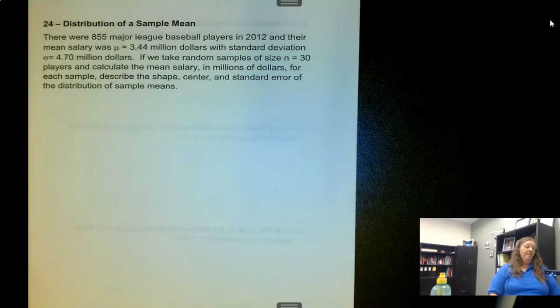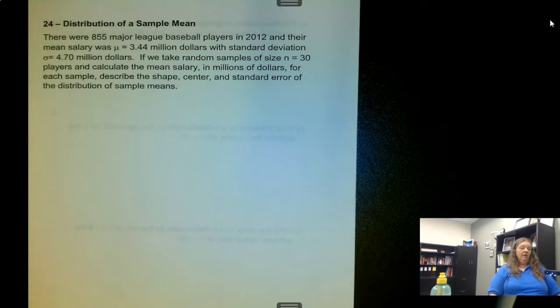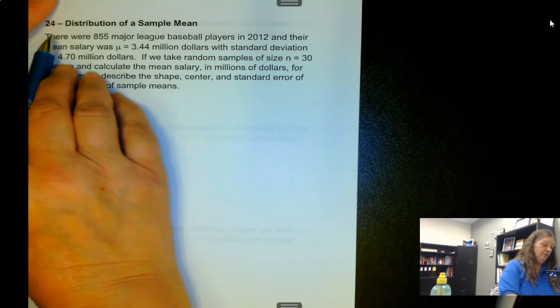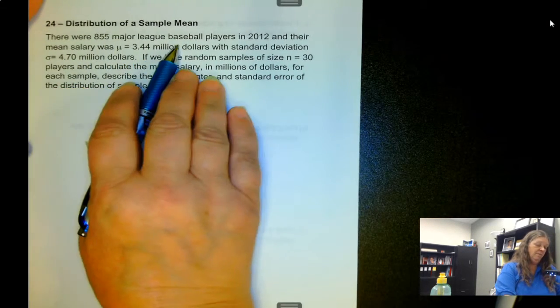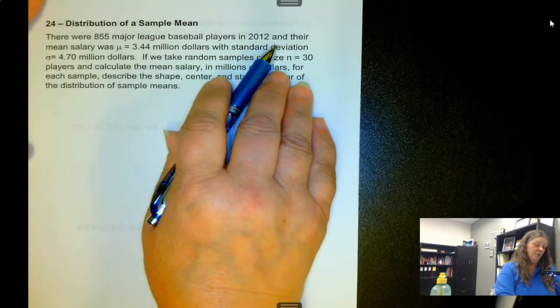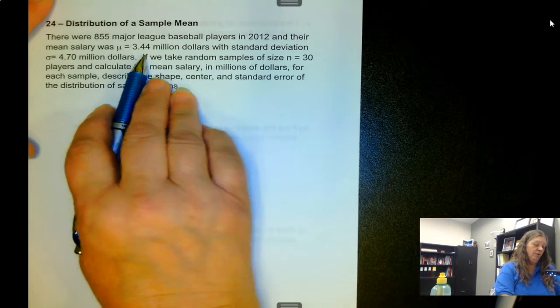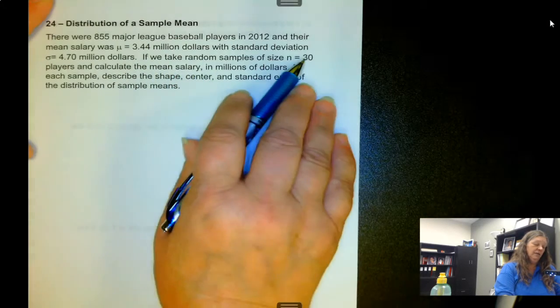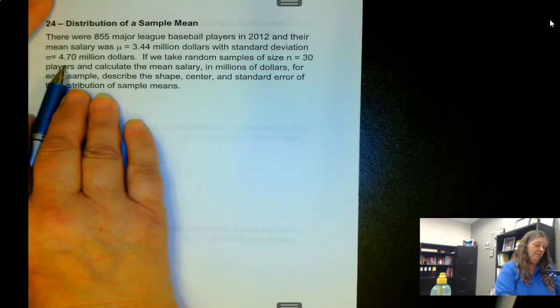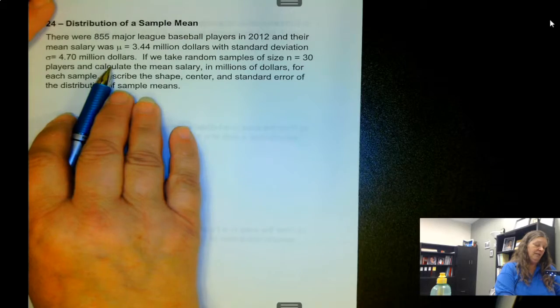Okay, now that we have found standard error and worked with confidence interval and hypothesis testing for a single proportion, we're going to do the same thing for a single mean. So there were 855 Major League Baseball players in 2012, and their mean salary was $3.44 million with a standard deviation of $4.7 million.